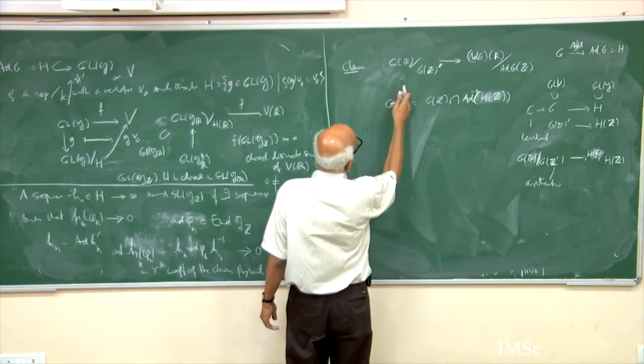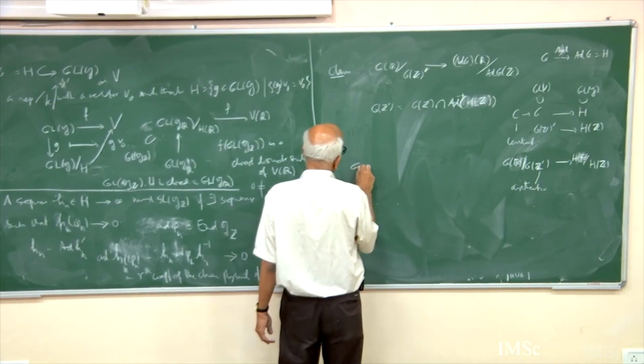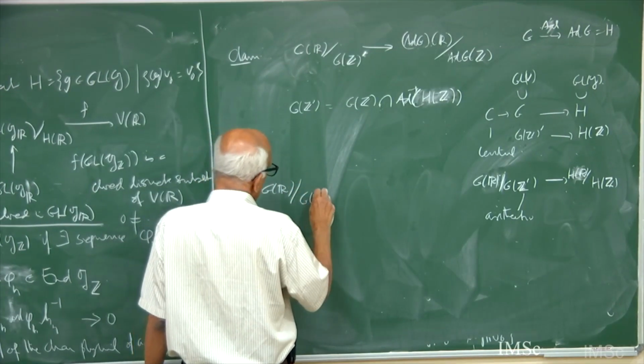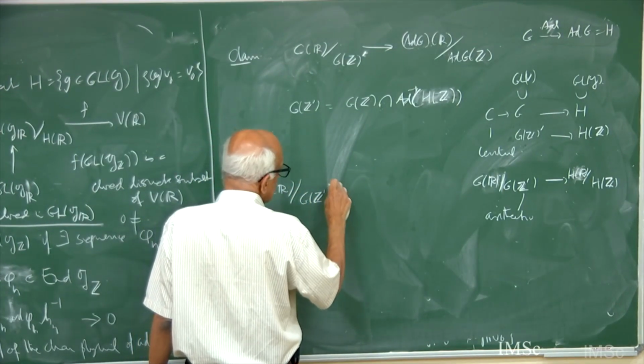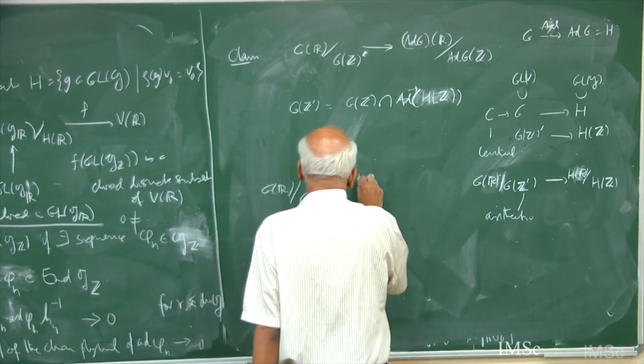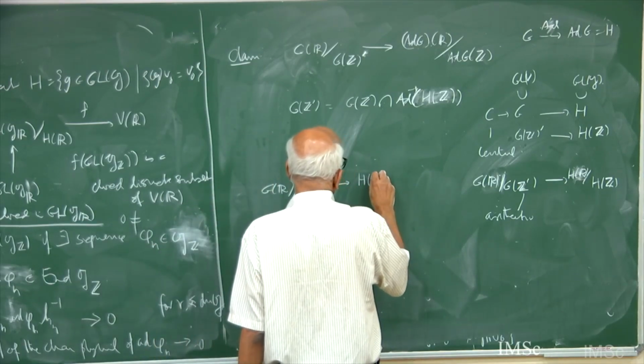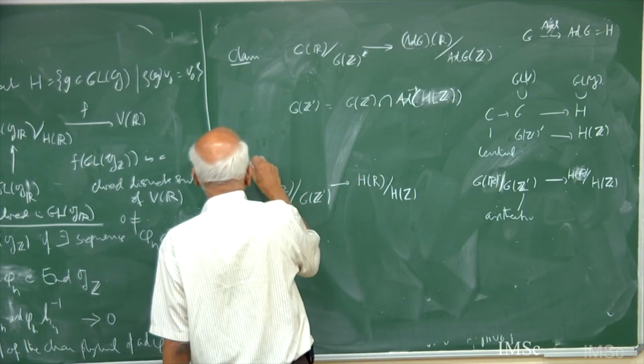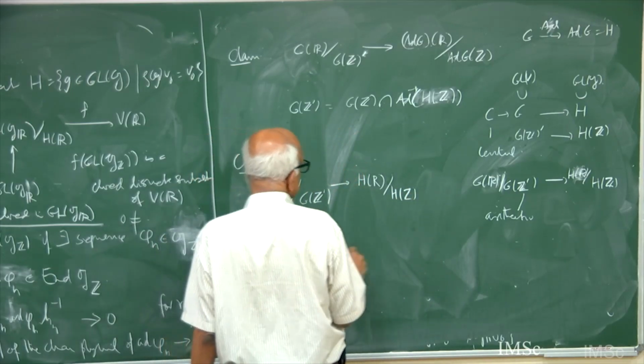So GR/GZ, what I call GZ', into HR/HZ', this map is proper.